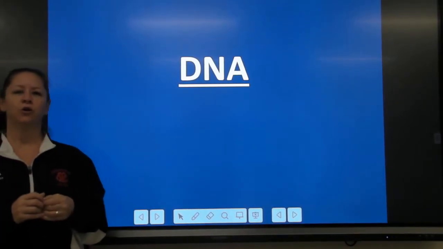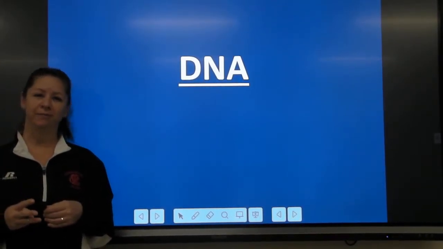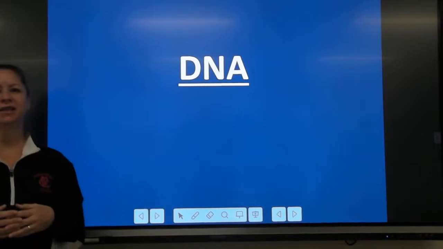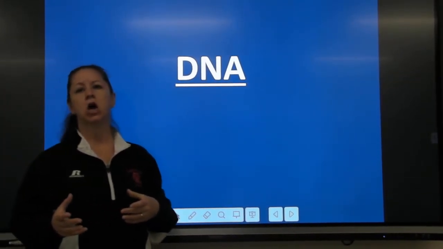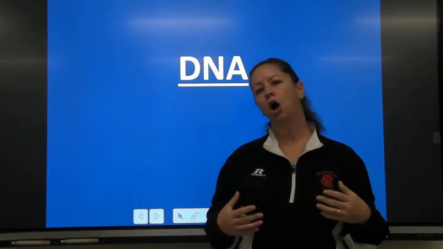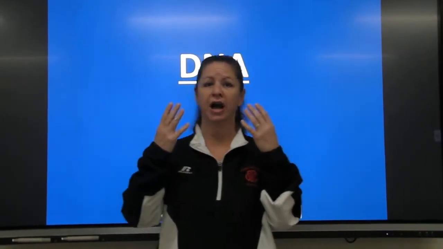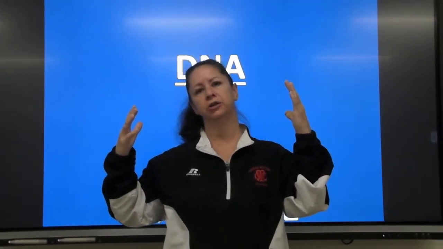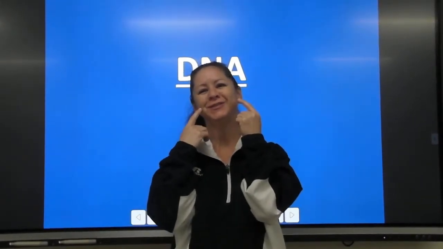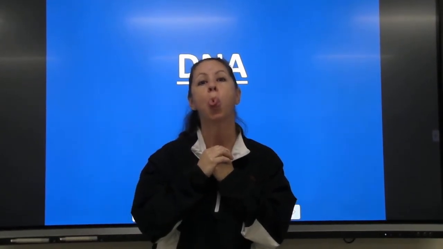So today we are going to be starting Unit 3. We're going to be talking about genetics. Now, genetics determine all of the traits that you have. So physical traits such as your eye color, your hair color, your skin color, whether or not you have dimples, whether or not you can curl your tongue.